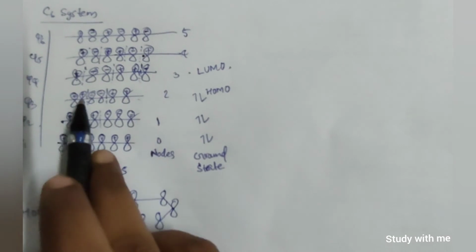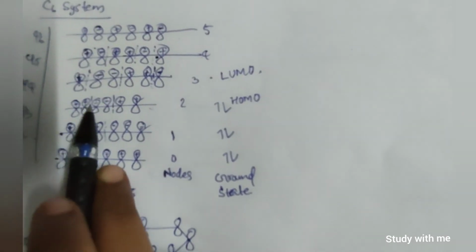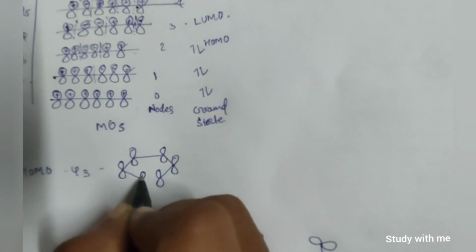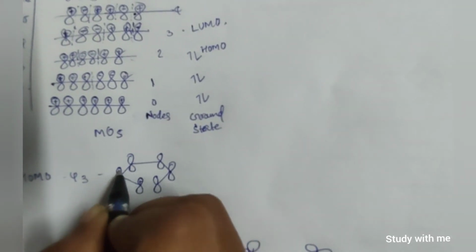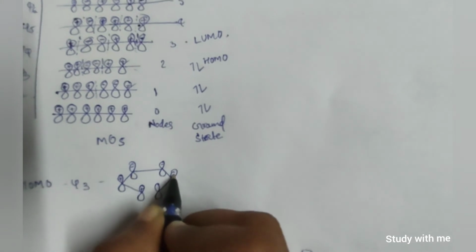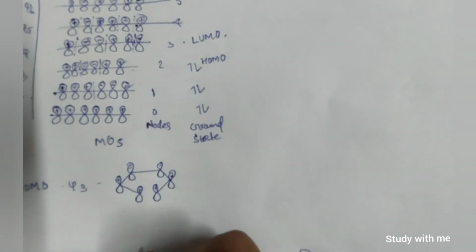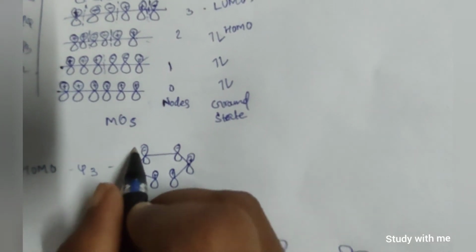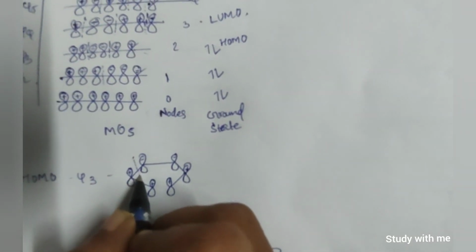And psi 3 has positive, then 2 negatives, then 2 positives. So we introduce this here: positive, positive, negative, negative, positive, positive. Okay. In the next, the nodes are here. There are 2 nodes.